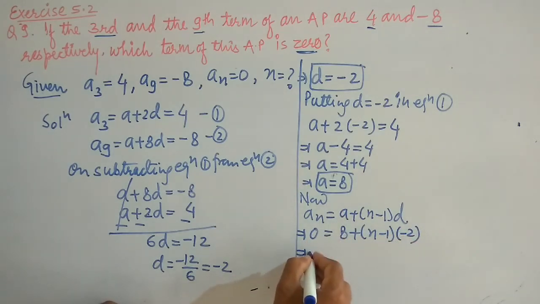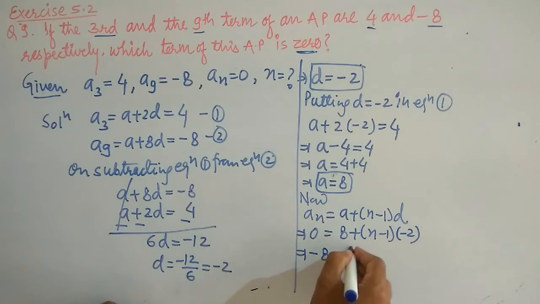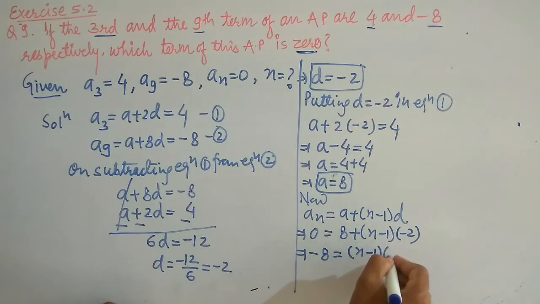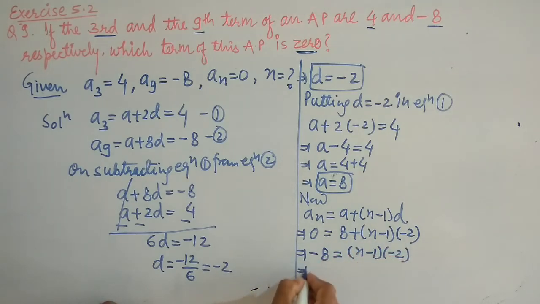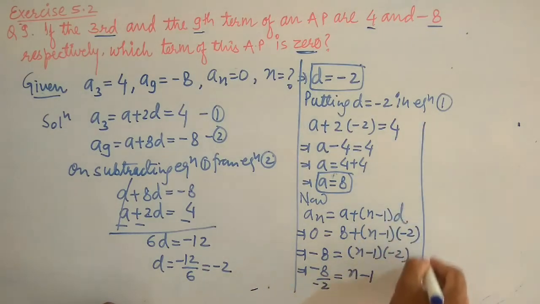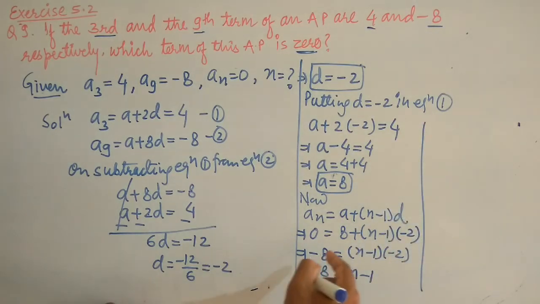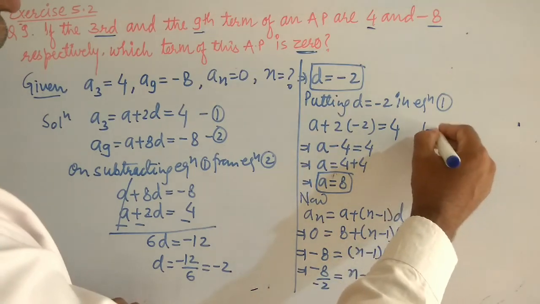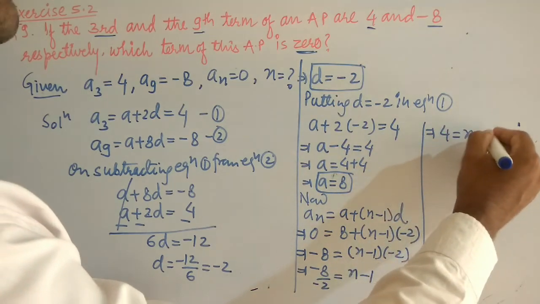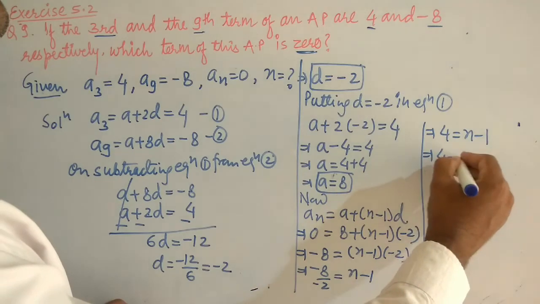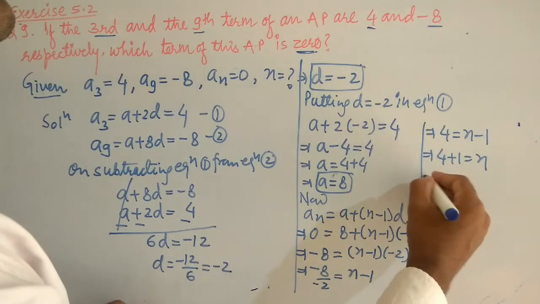Transposing 8 to this side, you will get minus 8 is equal to n minus 1 into minus 2. So it is minus 8 divided by minus 2. Minus 2 से multiply होगा तो divide कर देंगे. It is n minus 1. See, 8 divided by 2 is what? 4. So we get 4 is equal to n minus 1. So 4 plus 1 is equal to n.